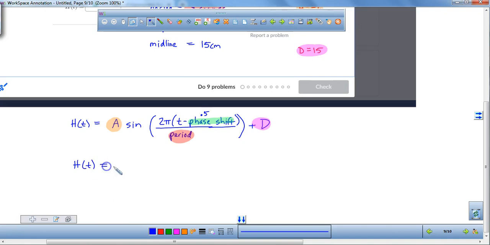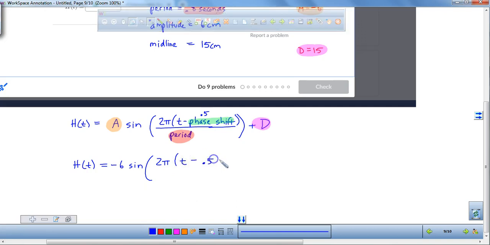And I'll be done. So here's going to be my final answer. H of t equals negative 6 sine. Make sure you open up a nice parentheses. Put 2 pi right there. Open up the parentheses, put the letter t minus a half all over the period, which is 0.8.